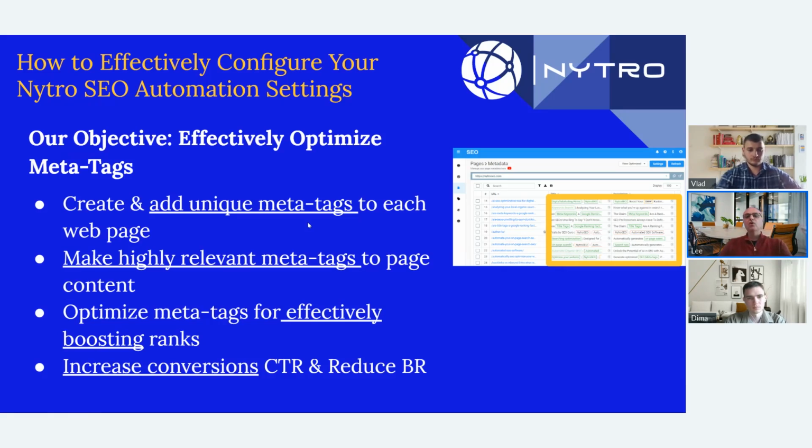So we want to avoid this repetitiveness of non-intelligent tags, the way we call it. Secondly, we want to make the tag highly relevant to the web page content. There are a lot of reasons for that. Part of it is the acceptance of search engines. The higher the relevancy of the tags to the page content, the higher the acceptance and the higher the probability of ranking for those keywords that are present in those tags.